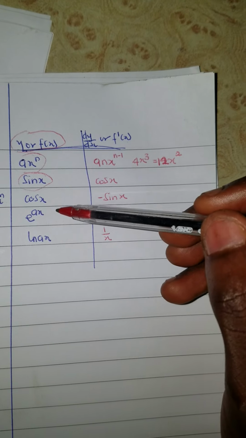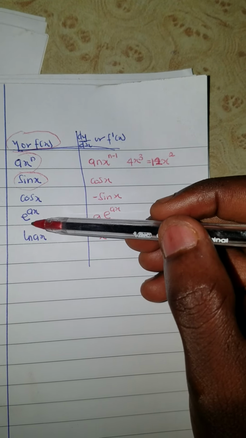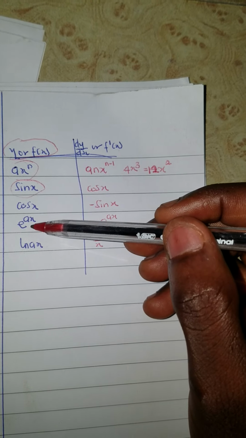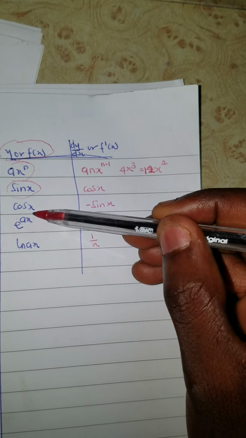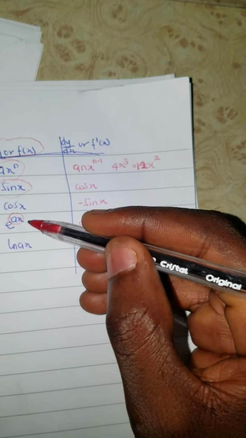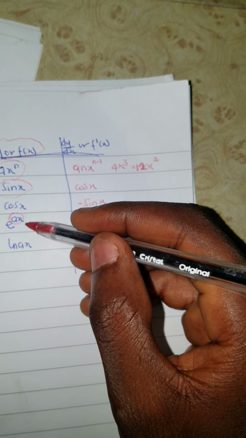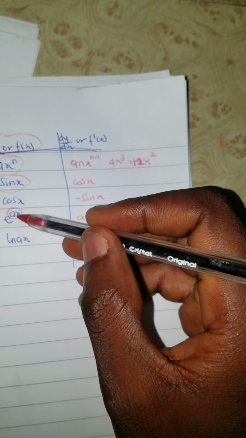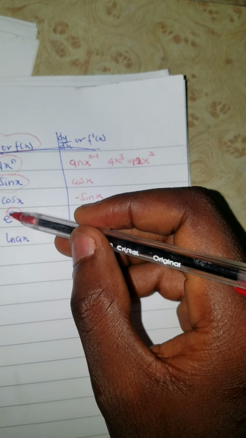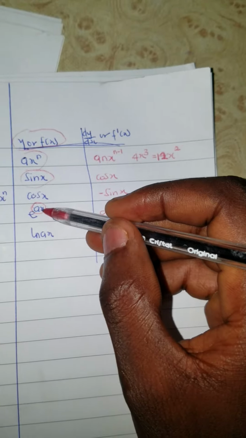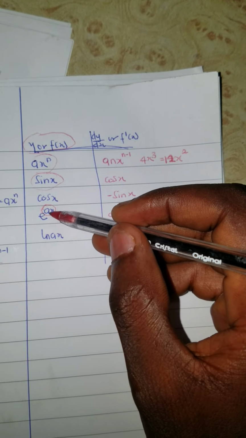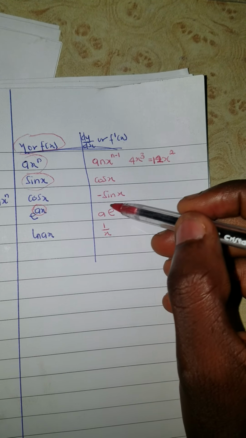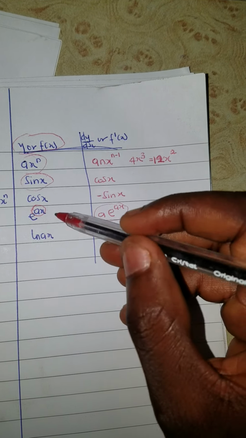And whenever you differentiate an exponential function, you first differentiate the power with respect to x. a is a constant, x is not, and the power of x here is 1, so we're going to get a. So you multiply a by the function again. That gives you the answer.